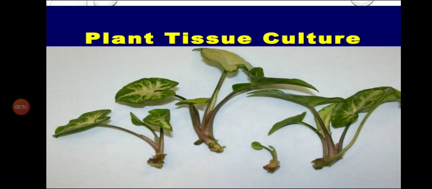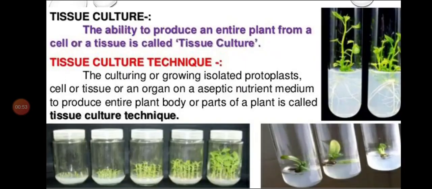When I say tissue culture, it is actually a collection of different techniques. We can say it has emerged as a technique of plant biotechnology. The definition of plant tissue culture is the ability to produce an entire plant from a cell or a tissue.